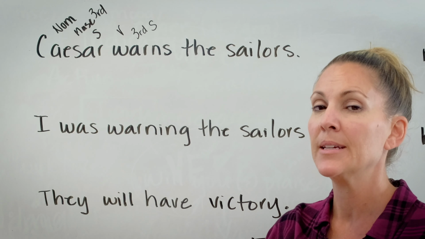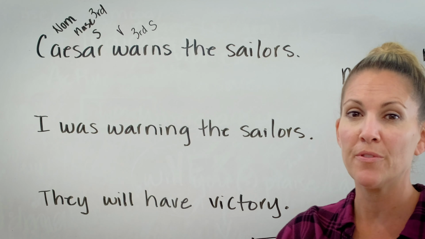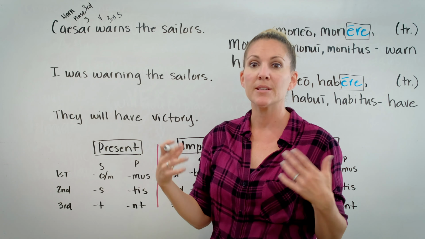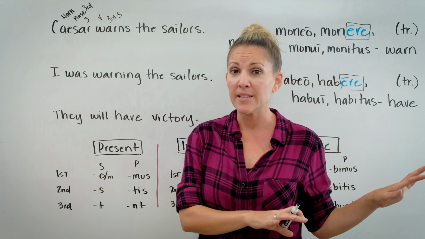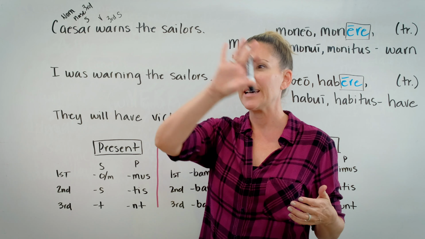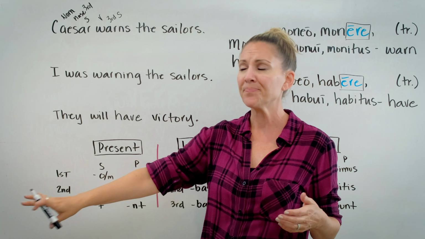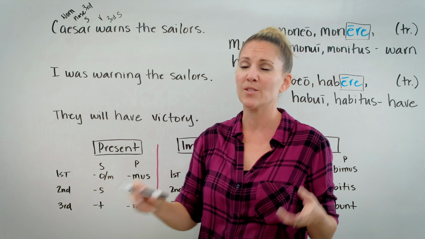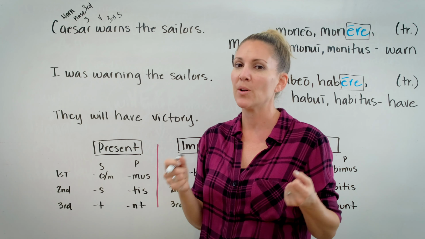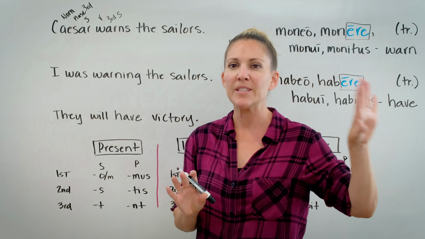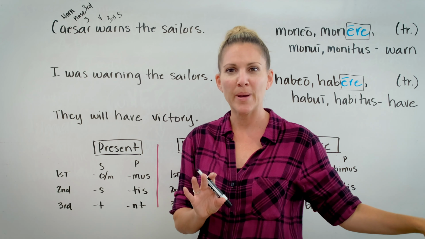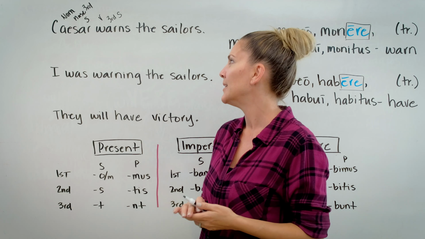Is it present, imperfect, or future? Just to review, present tense is something happening right now. The imperfect tense is a past tense verb, but it has the idea of ongoing action, so it's usually translated as was doing something. So was warning, was having. It's a little bit different than the perfect past tense, which we'll get to later.